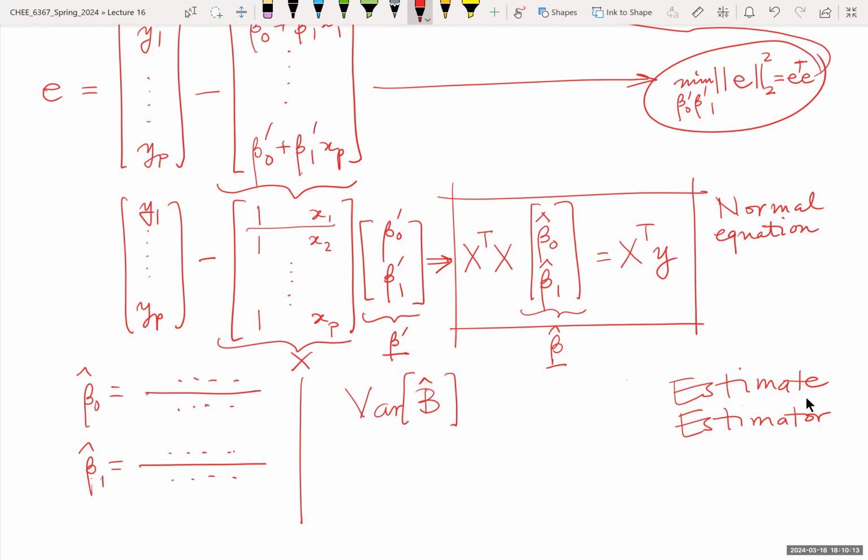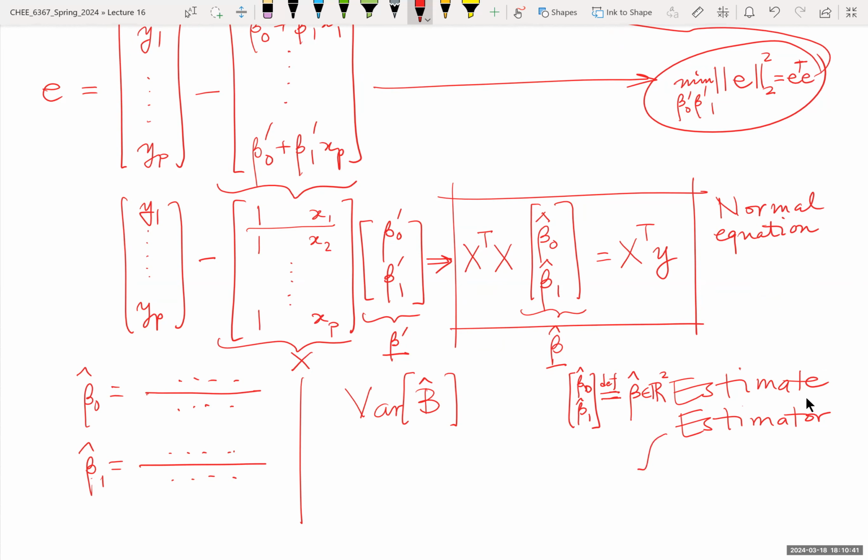It's the actual value of the vector beta hat that you just estimated. So this is numbers. So this is an element of R2. It's a vector that has two components. So by definition, this is beta hat 0, beta hat 1. Okay, so an estimate is numbers, specific numbers.